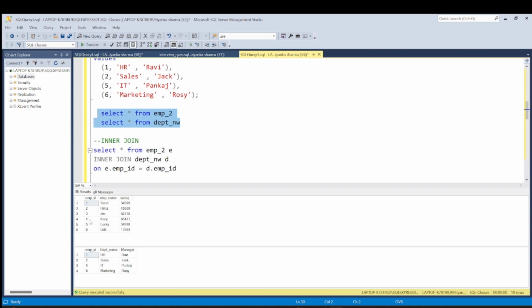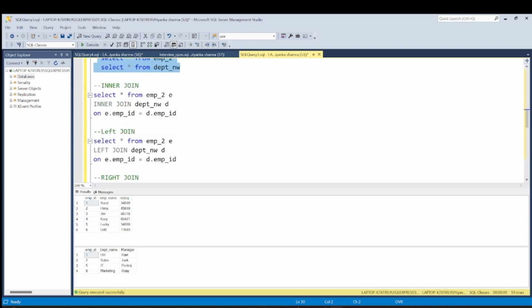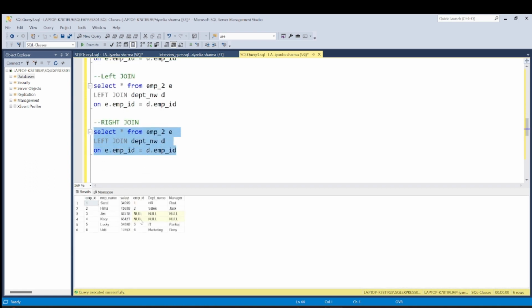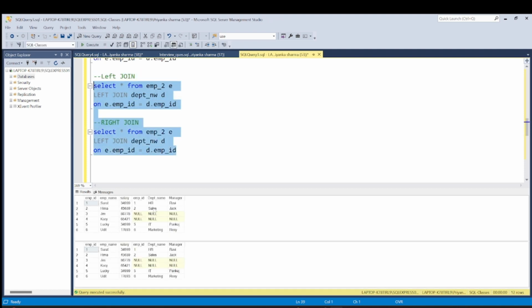So 3 and 4 will not come, 1 2 5 6 will come, right, and let's just perform this, and here for 3 and 4 I got null. So this is almost the same. If I run both these queries, this is almost the same because of the values and the table positions. Okay, it is giving me all the values of the right table plus the null values which were not there in the right table, right?